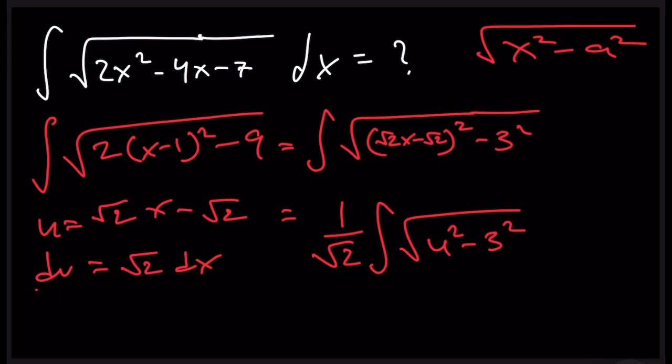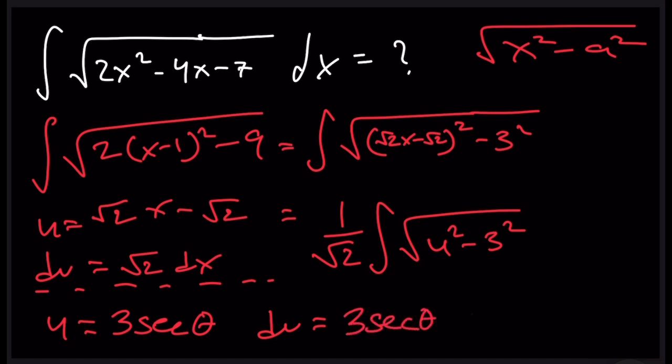We're going to say u is the same as 3 secant theta, and that du equals 3 secant theta tangent theta d theta.